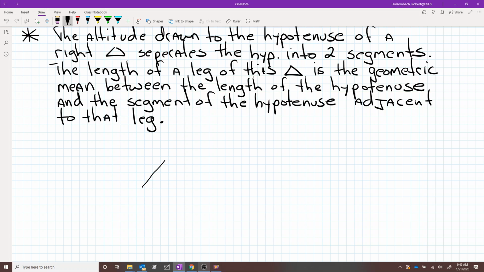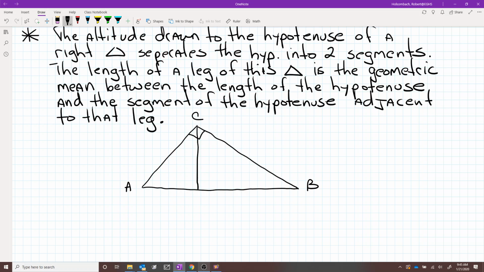The second rule says, now you've got an altitude drawn to the hypotenuse again.